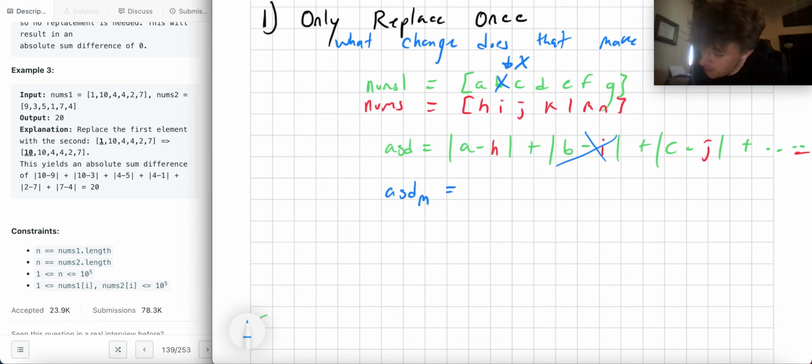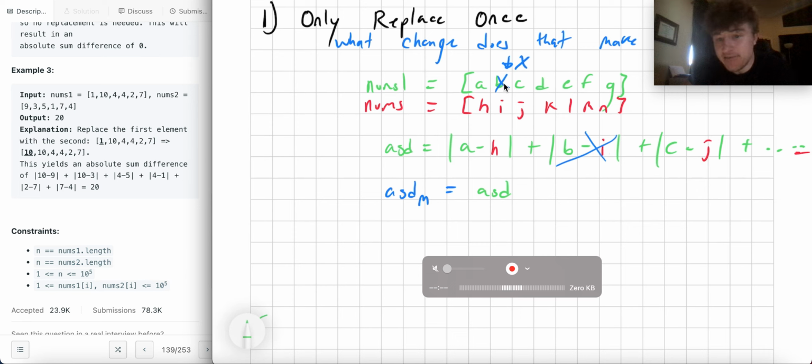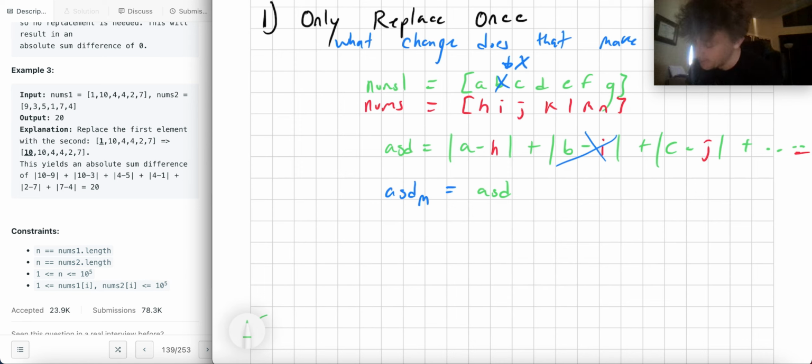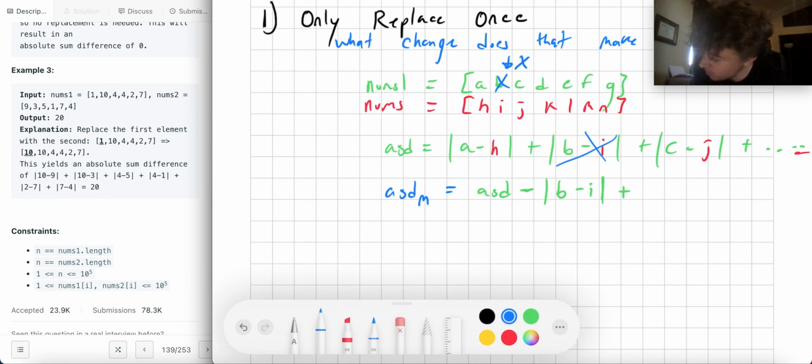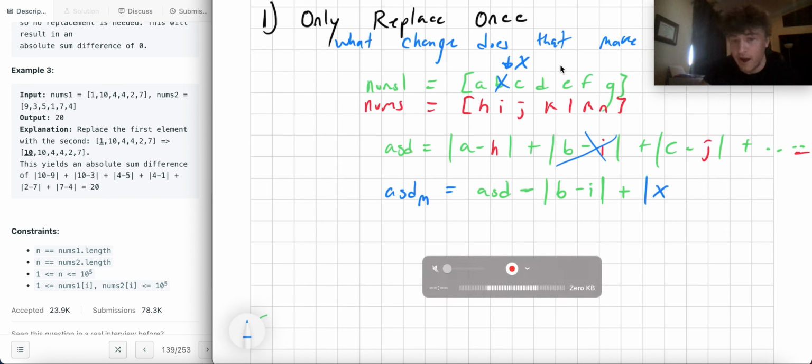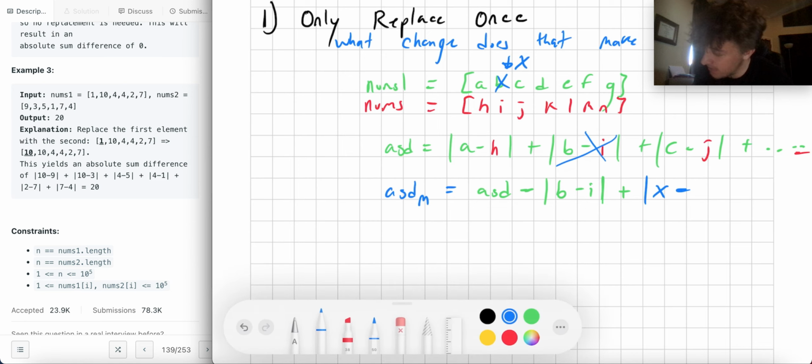That's going to be what the ASD was initially, but this term is now different, because I've swapped B for X. So it's ASD minus that B minus I, because that's no longer the case, because I've changed the B minus I. And what I've added in instead is this new term, X, where X is the value I've replaced from somewhere else in the array, minus that same initial value I.